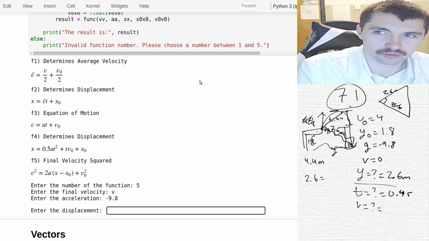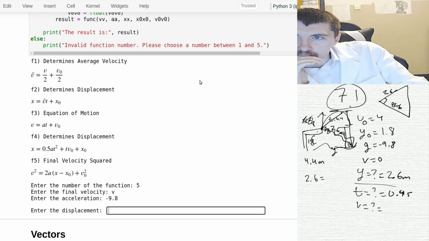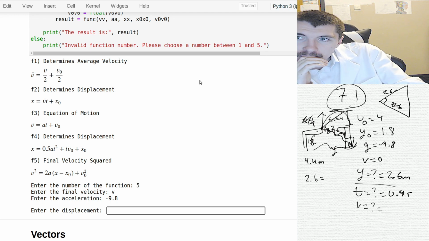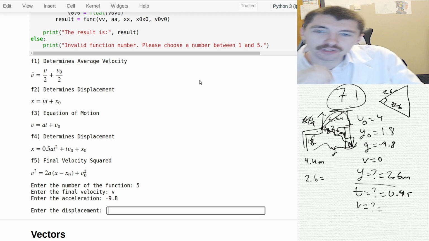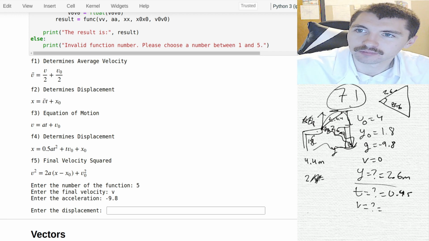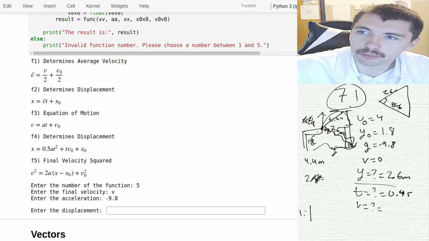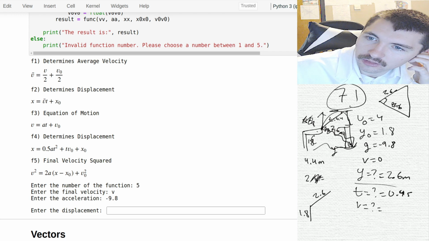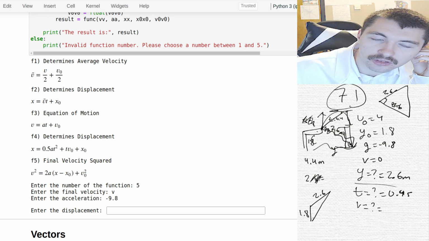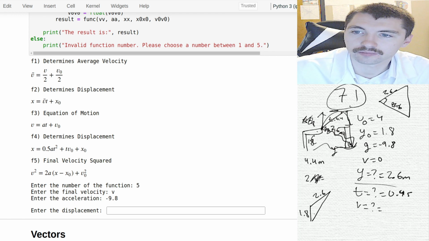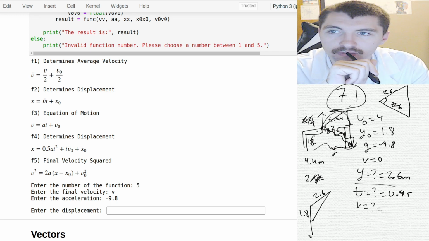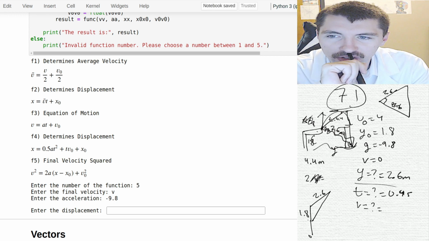So should be 2. Okay, so 1.8, 2.6. So I want to plug in a number here.